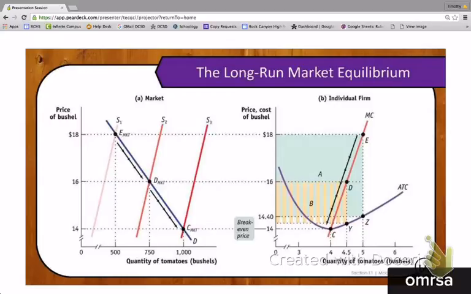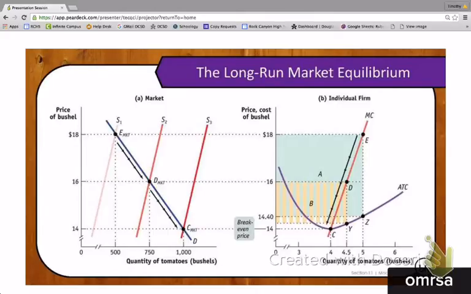And so the supply curve in the market, panel A, shifts to the right, and the price falls to $16. For the individual firm, it will move down its marginal cost curve from point E to point D, and at a price of $16, it will produce a smaller quantity of only 4.5 tomatoes, even though more tomatoes are being produced in the market as a whole, 750 now, represented by those new firms producing.